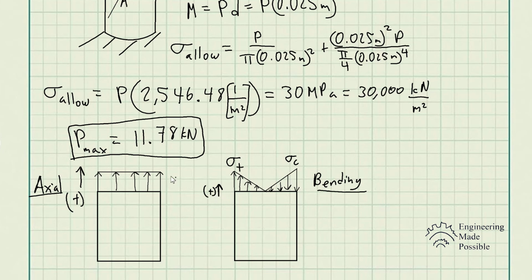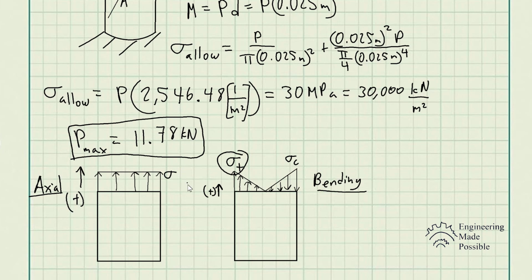Well, in this case, you're going to have the axial stress because it's going upward, and the tensile stress due to bending. Because if you add up the compression, it's actually going to give you a smaller value because it ends up canceling out some of the axial stress developed. And so this is the reasoning why we go with the tensile stress due to bending to add up with the axial stress to determine the maximum stress the rod will be experiencing.